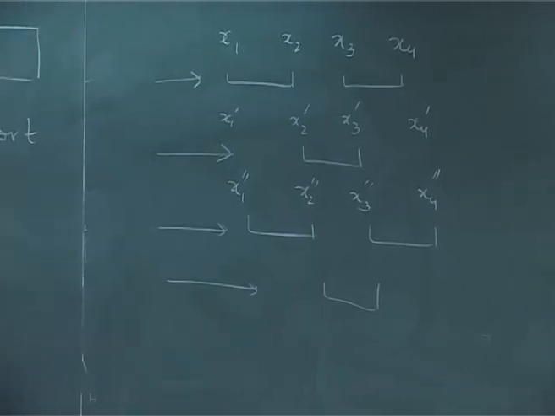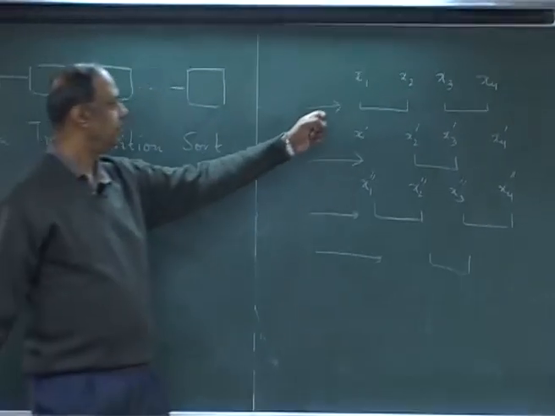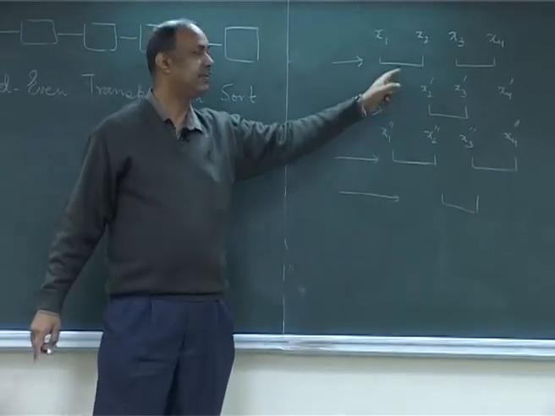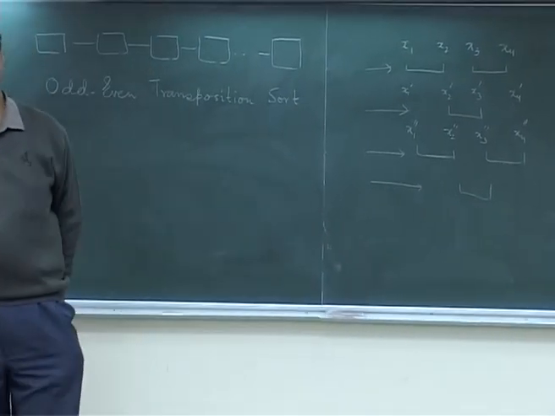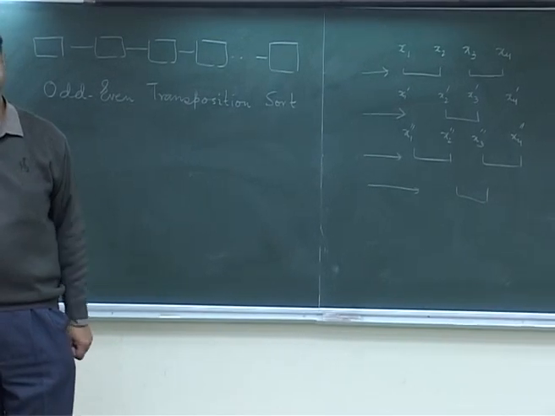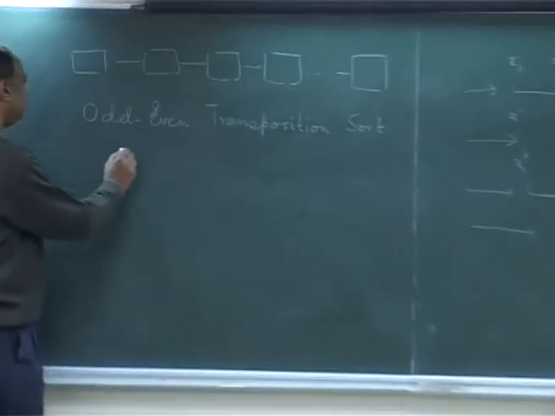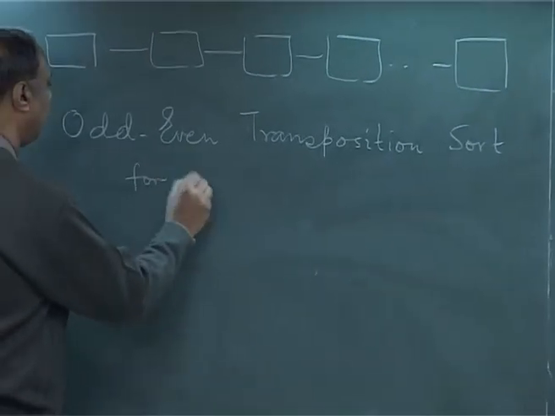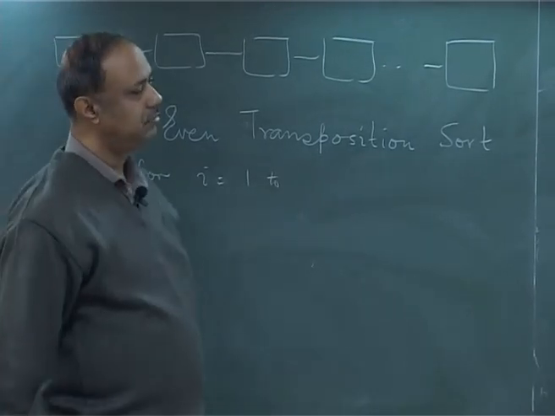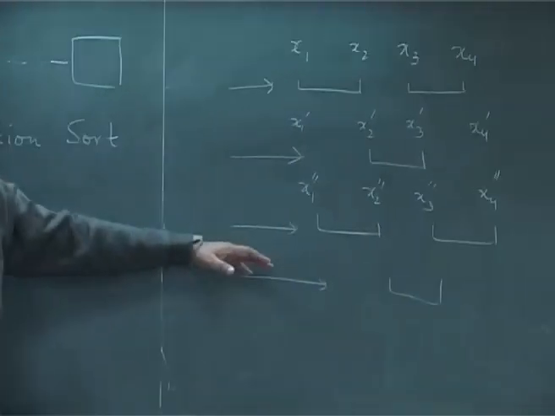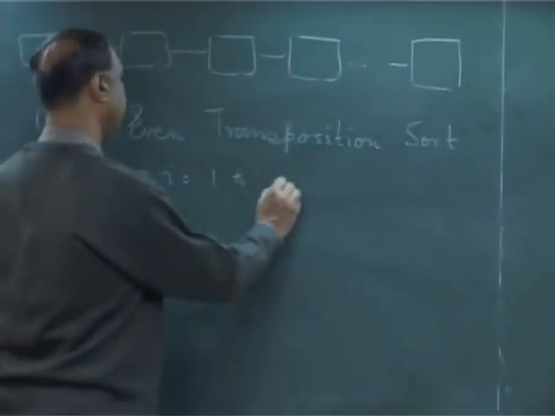Agreed? So in the case of linear array, because this is very suitable for linear array, because pi is connected with pi plus 1, right. So for i equals 1 to n by 2, there are n by 2 iterations required.